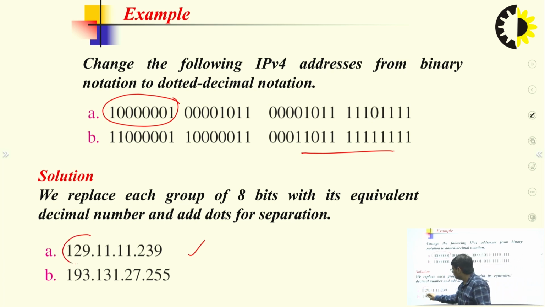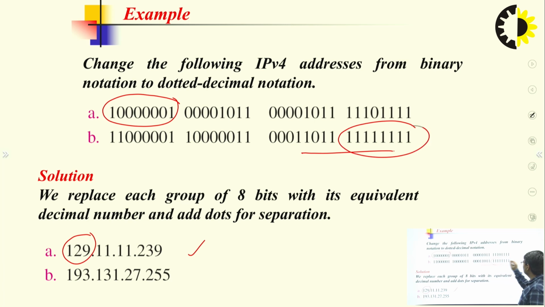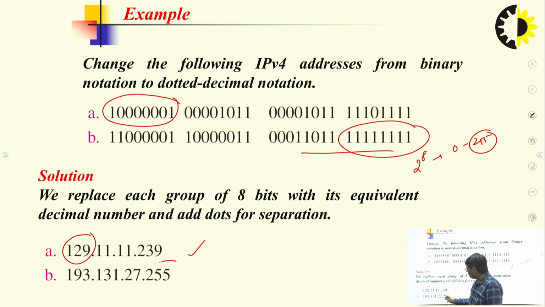This is the maximum possible value, and as I discussed in the previous slide, the maximum possible value is 2 raised to power 8, so we have 0 to 255. The maximum allowed number is 255, so here we have 255. So binary to decimal notation can be converted, or decimal to binary notation can also be converted.